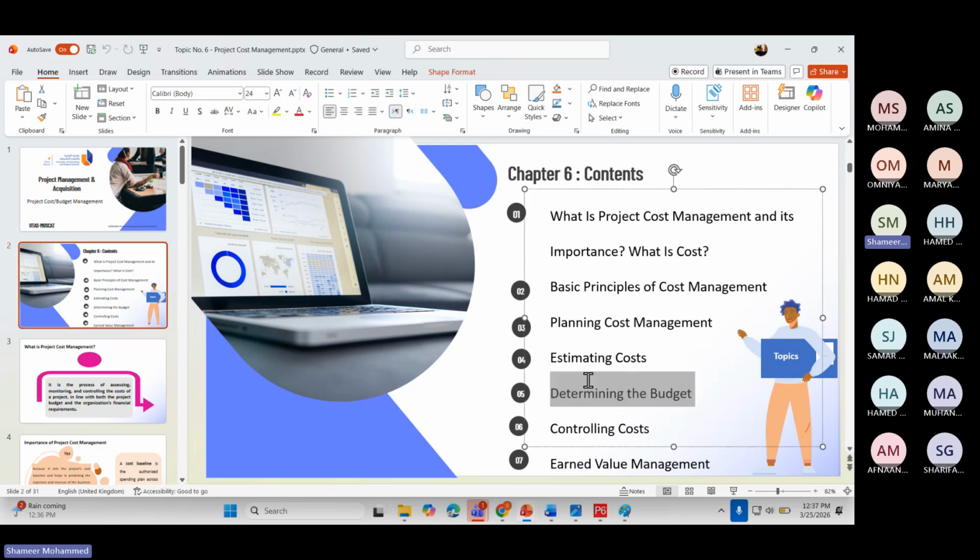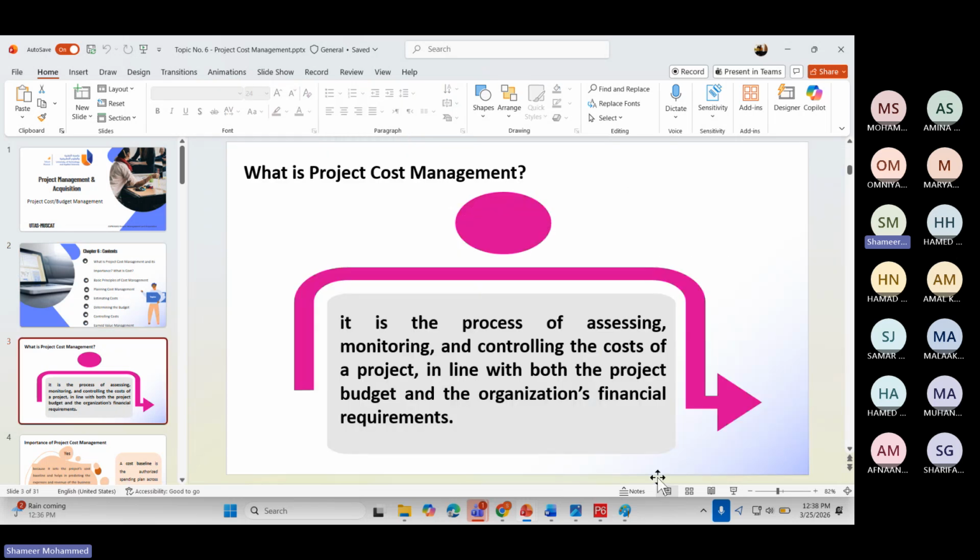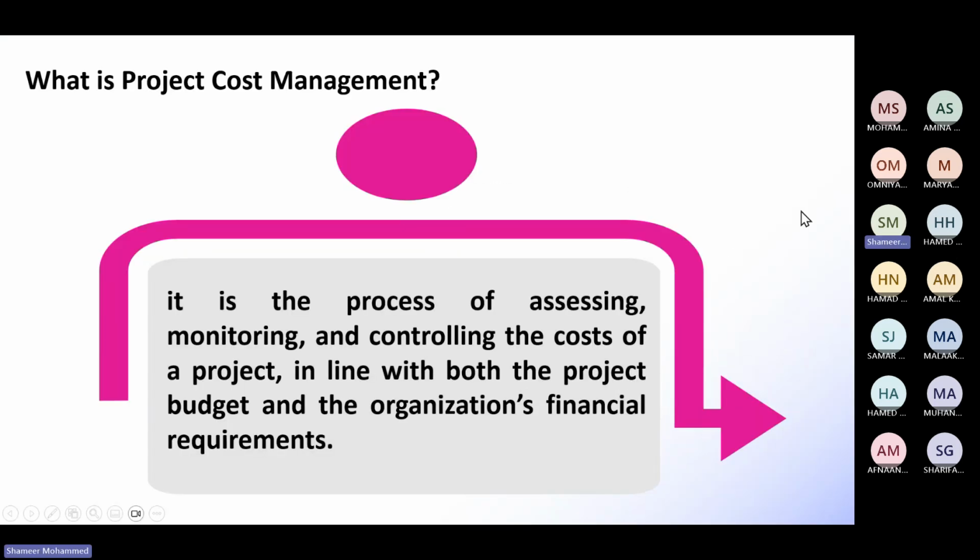Find out the total cost of the project and how you can control it using this technique is explained to you in this lecture 6, that is project cost management. Okay, so what is the definition of cost management? You can see here. It is the process of assessing, monitoring, and controlling the money of your project.